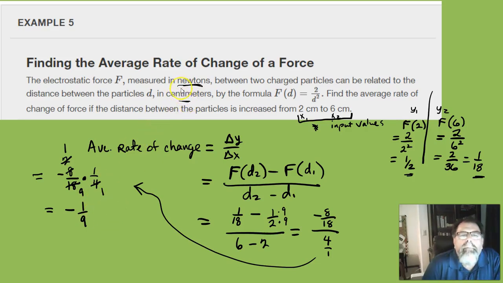Okay, so the output value F is newtons and the input value D is in centimeters. So we have change of Y over change of X, or change of the output over the change of the input. So it'll be newtons per centimeter.